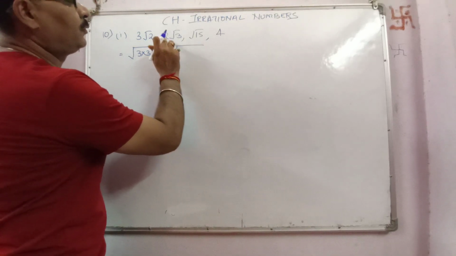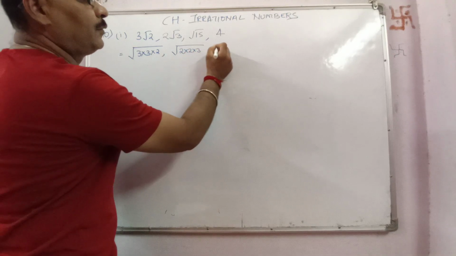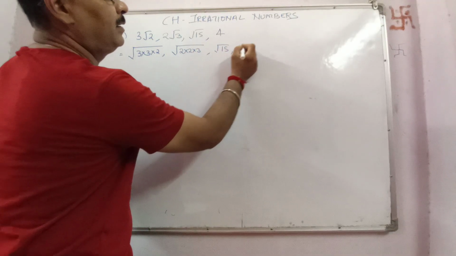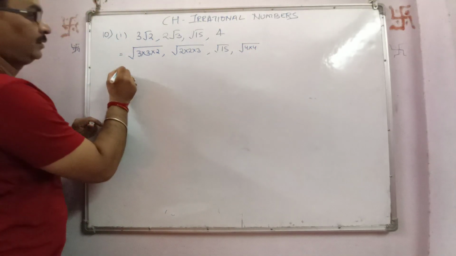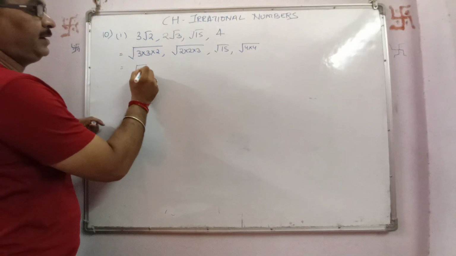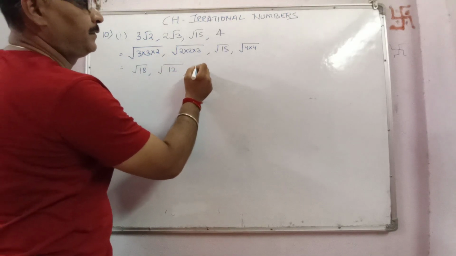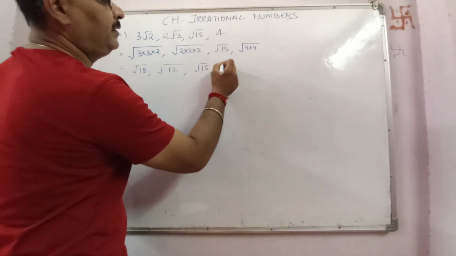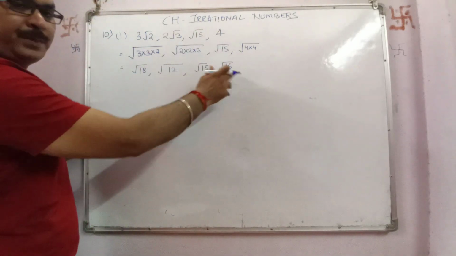Similarly, 2 is out of square root, so it can be written as 2 into 2 into 3. Root 15 is perfectly fine. But for 4, again, 4 into 4. So this is root 18, 12, 15 and 16.